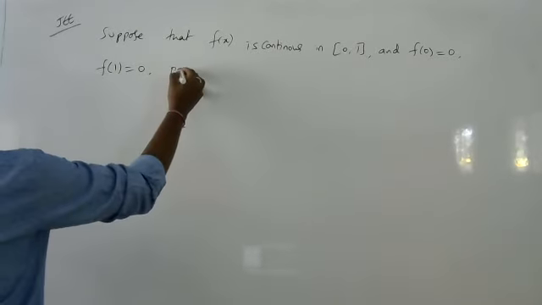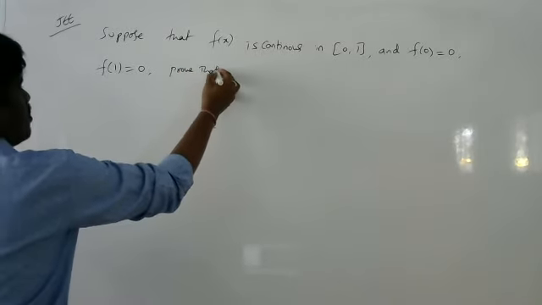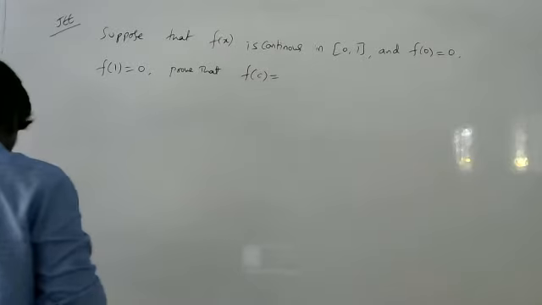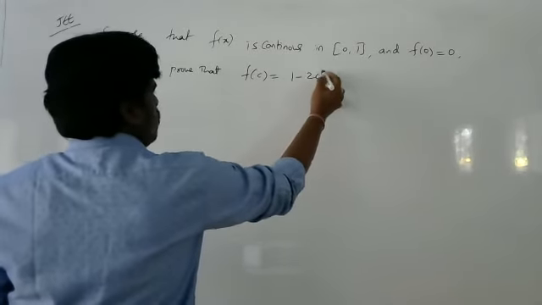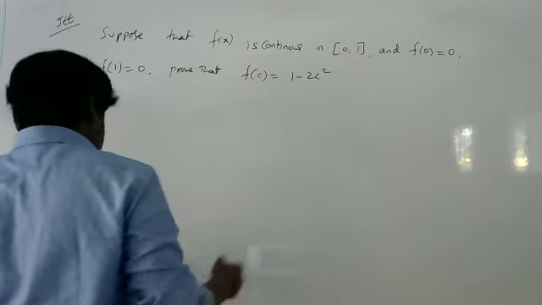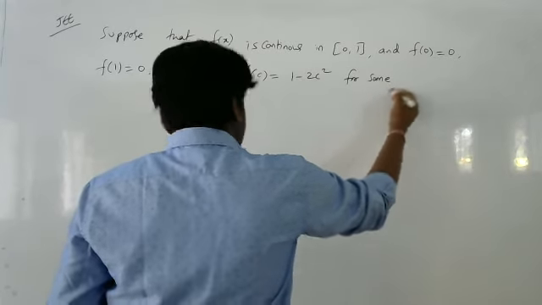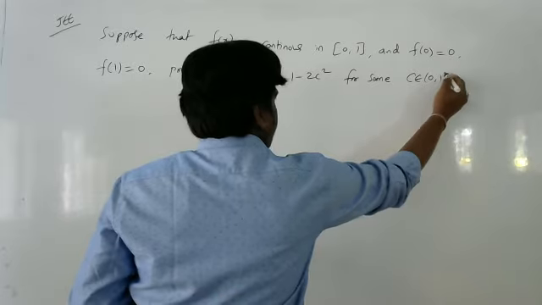Prove that f of c is equal to 1 minus 2c square for some c belongs to (0, 1).